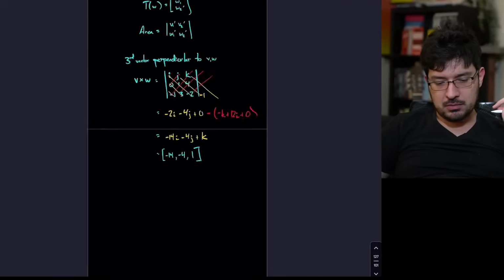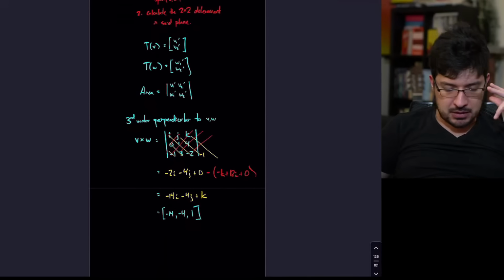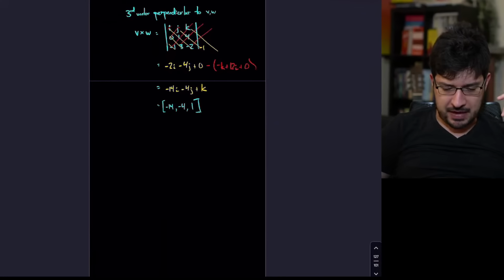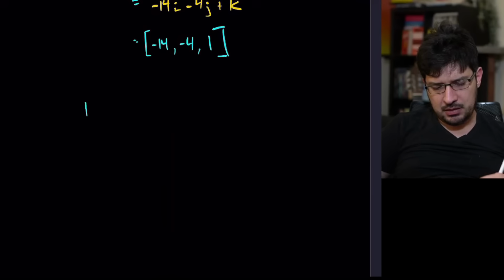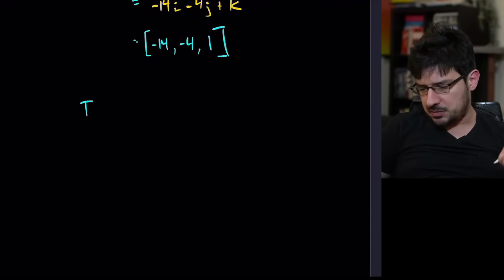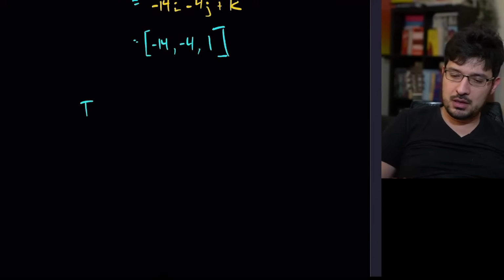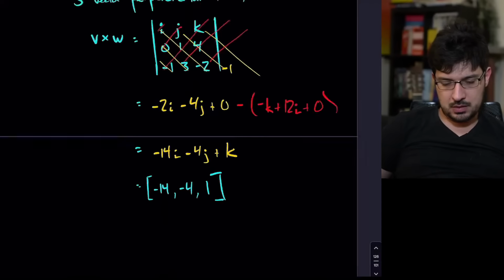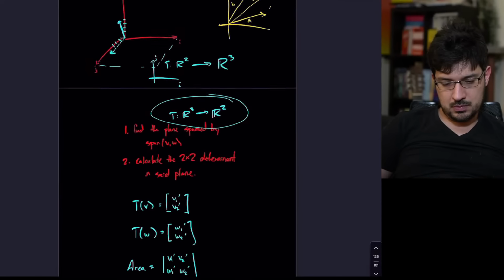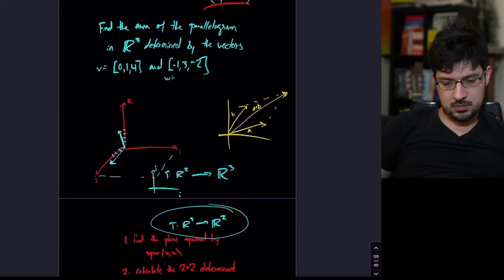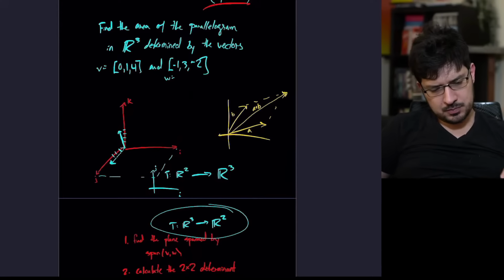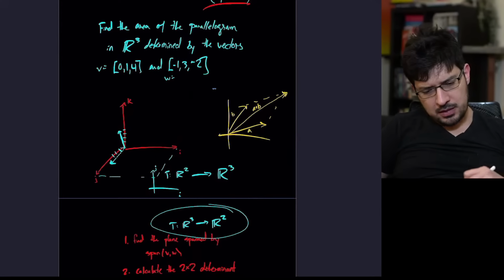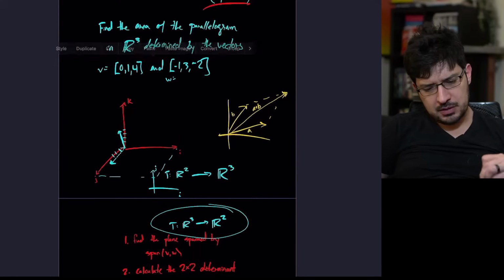So now our basis vectors are these three vectors, V, W, and the cross product of V and W. I got stumped.